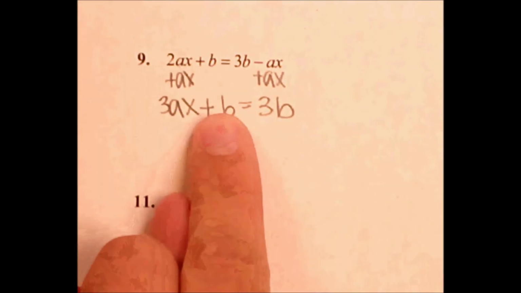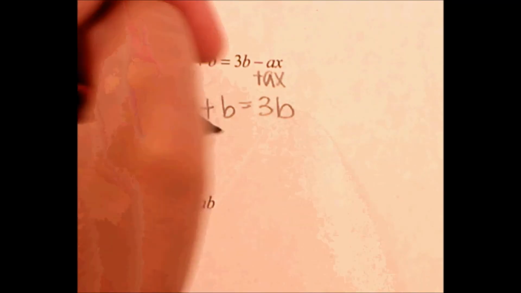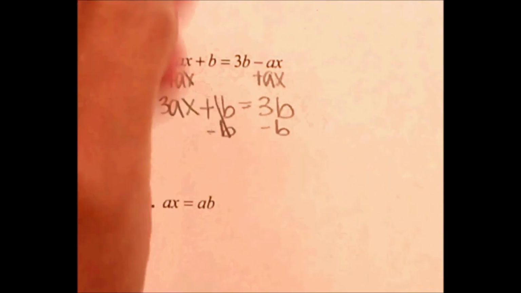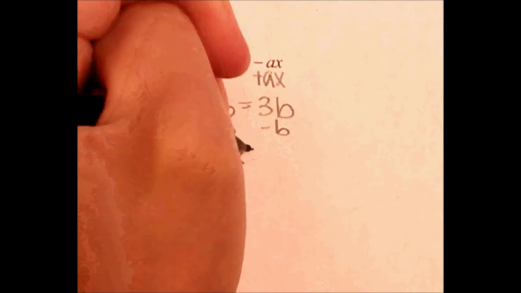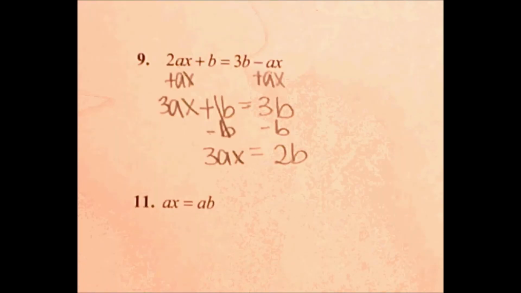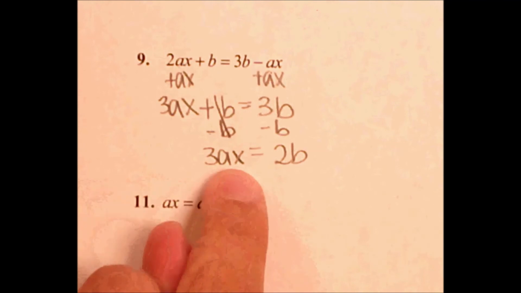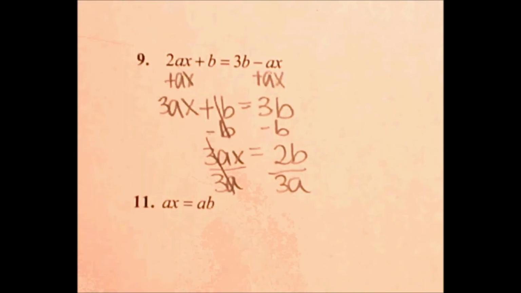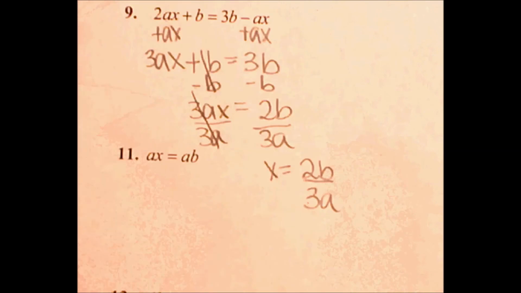I'm going to bring this b with the other b, so I'm going to subtract b from each side. So 3ax equals 3b minus b is 2b. Again, we're isolating x, so we're going to divide out 3a on each side. Cancels out, so therefore x equals 2b over 3a.